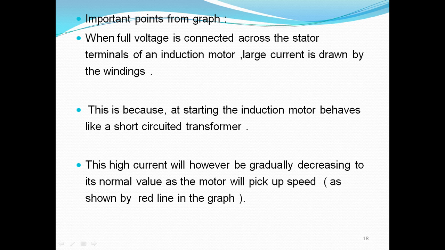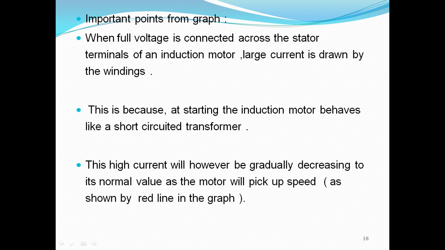An auto transformer starter consists of an auto transformer with suitable connections, so that we have reduced voltage and we can connect it to the supply.